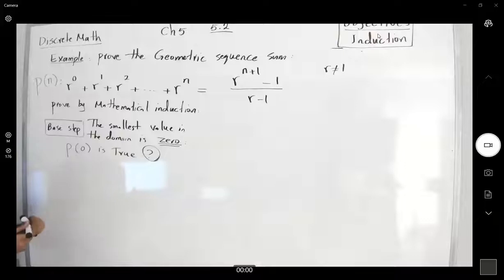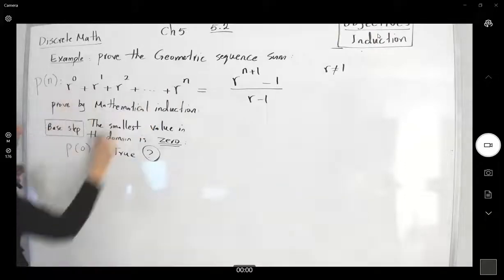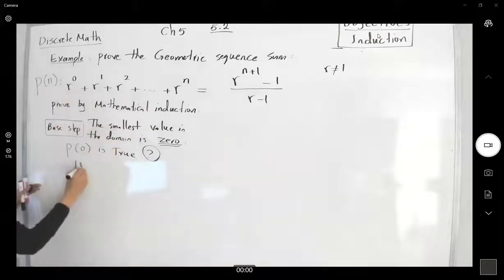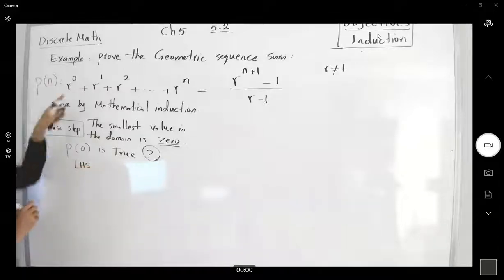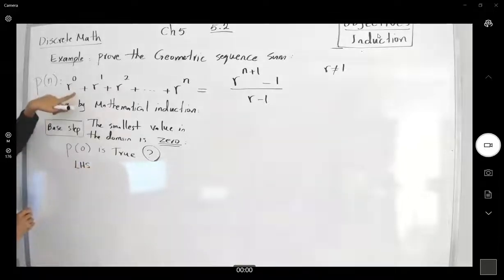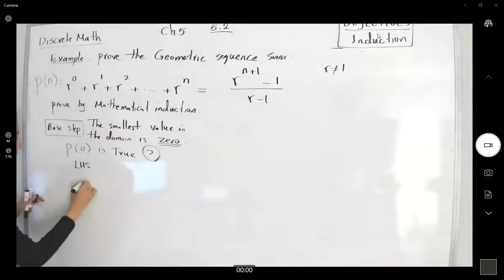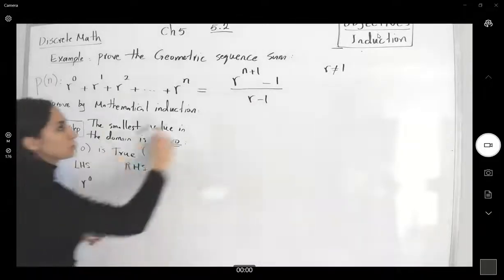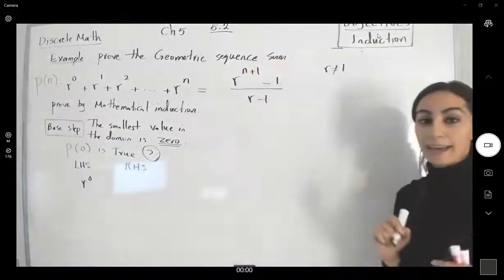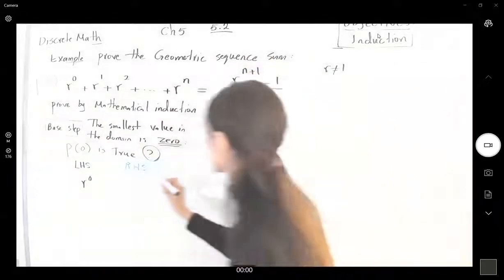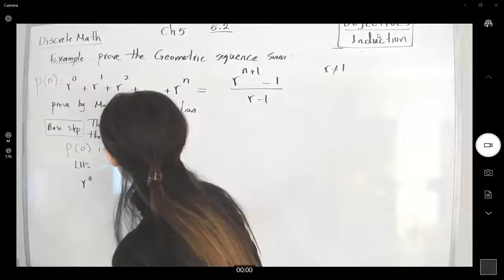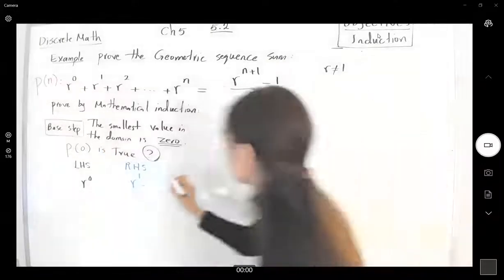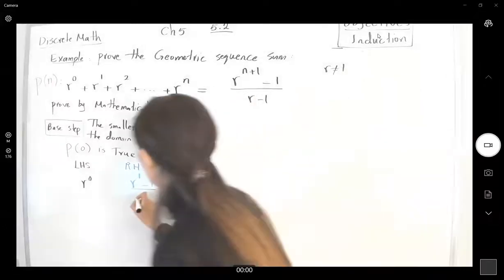P of 0, my left-hand side is r to the power 0. My right-hand side, I'm going to plug in 0 for n. What do I get? I get r to the power 1 minus 1 divided by r minus 1.